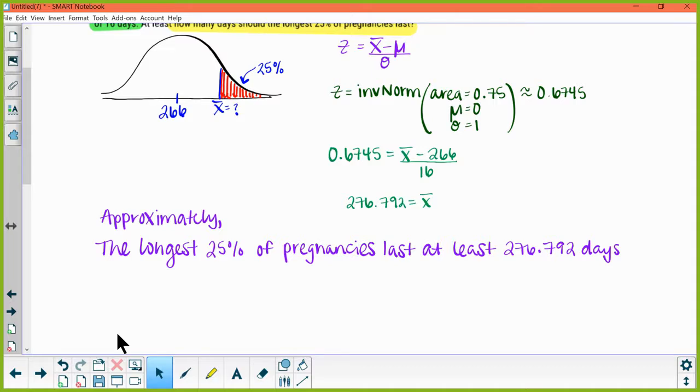I always try to throw in approximately because we are estimating and we are not going to say for certain that this value is the value for every single possible sample ever. It's just our estimation based on a given mean and a given standard deviation.